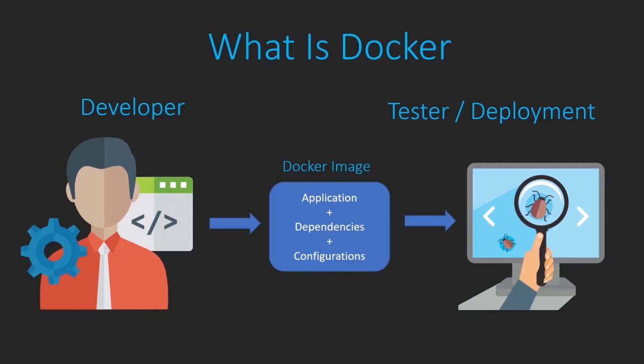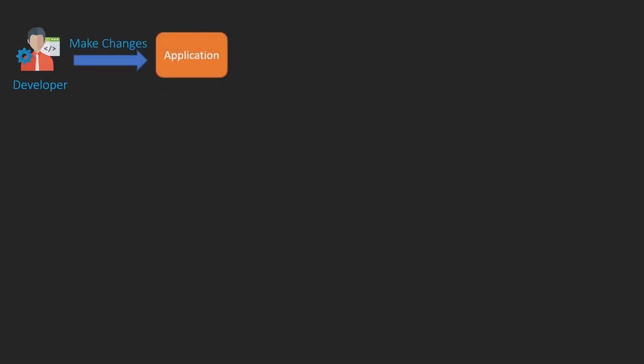So we will see a simple workflow of how this Docker build is done and how this Docker image gets generated. In this workflow, we will see the different steps involved in getting the application running as a Docker container on the tester or deployment machine. At the initial step, the developer makes some change to the application.